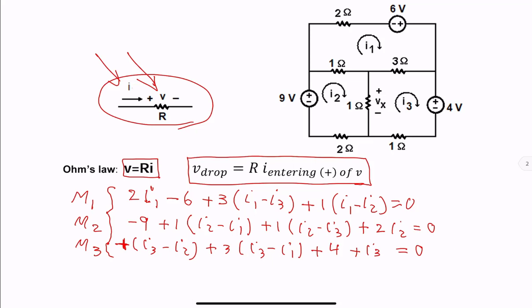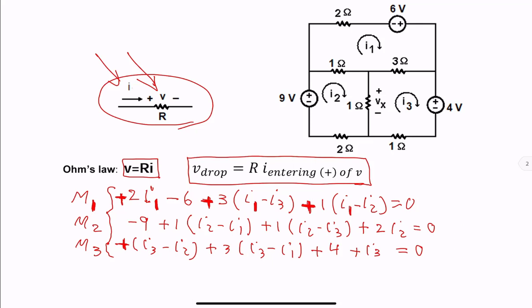Advantage of looking at voltage drops in the direction of mesh currents is, for mesh 1, if you want to quickly check for a sign mistake, we should always have positive I1 or positive I1 minus another current.